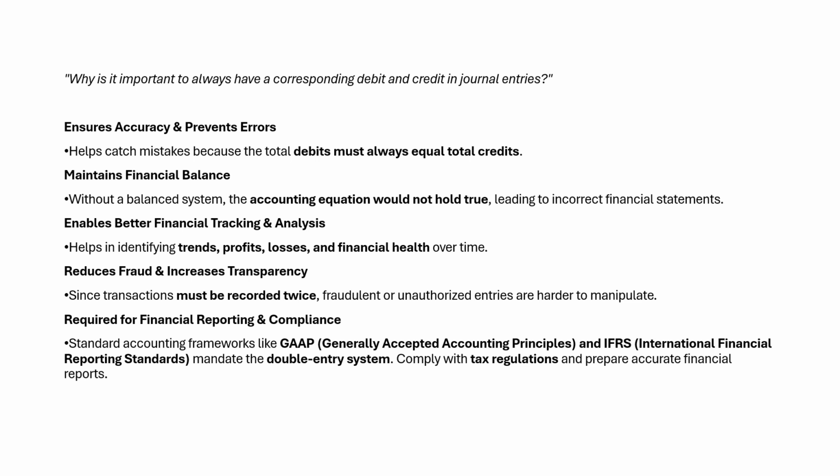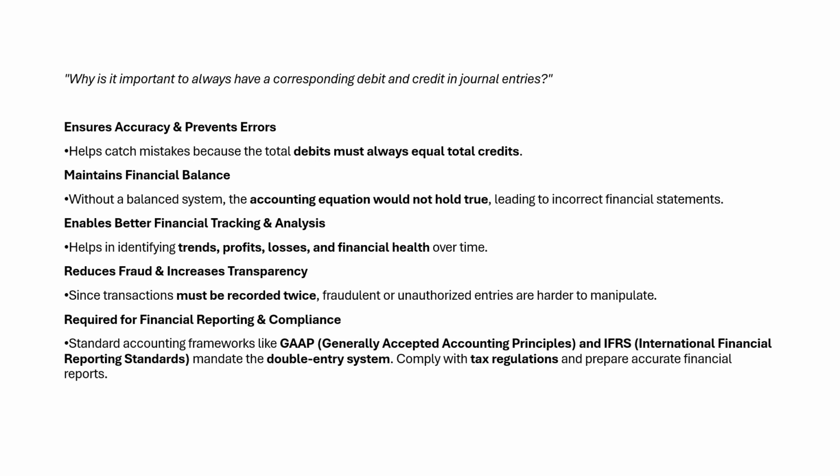So double entry catches mistakes that single entry could not, because the total debits must always equal total credits. Secondly, it maintains financial balance. Without a balanced system, the accounting equation would not hold, and it would also be impossible to produce financial reports, and it enables better financial tracking as well.